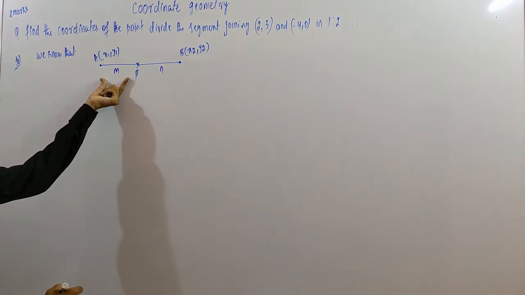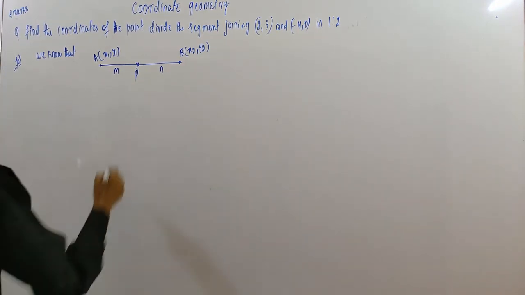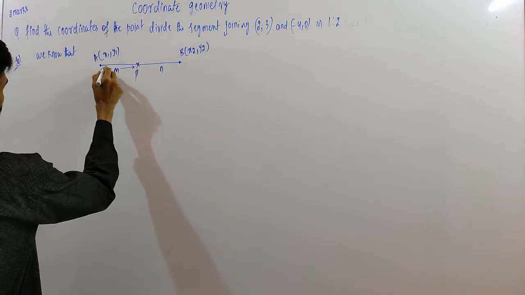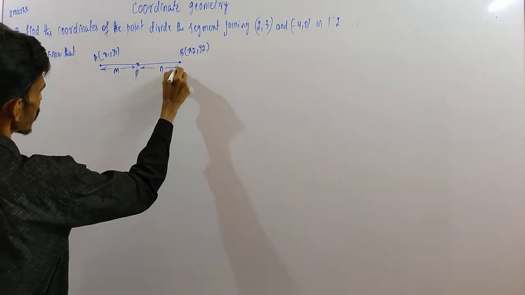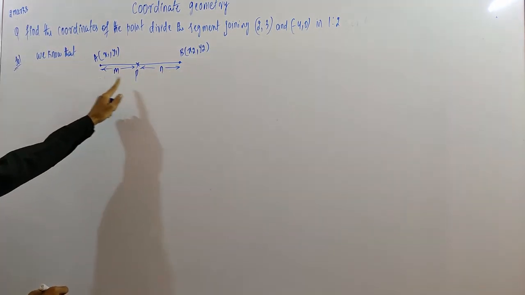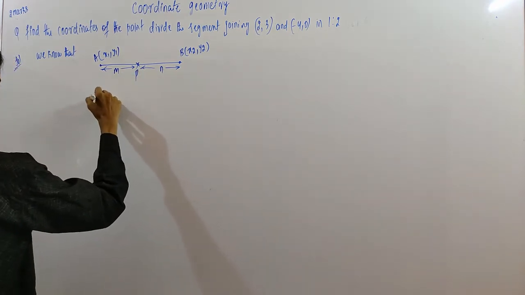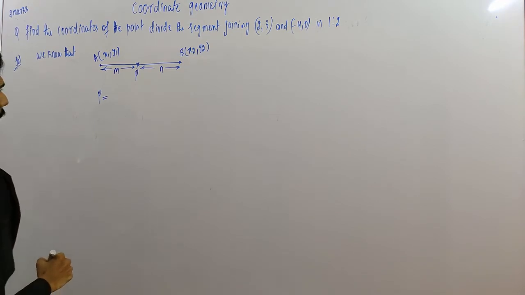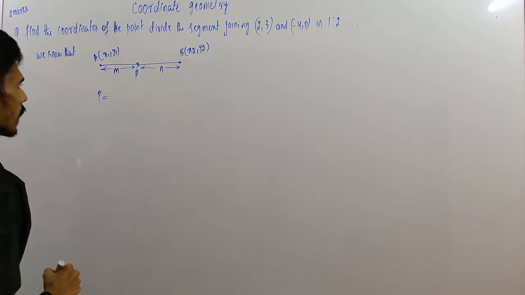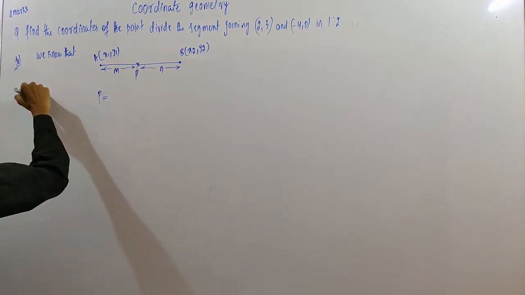Here we have m, here we have n, the distance of this point from the first point A and the second point B. Now this P can be obtained by using a formula. We can call it the section formula.